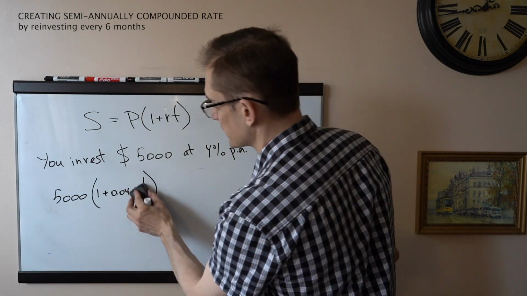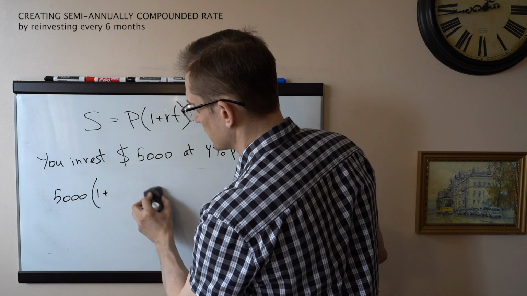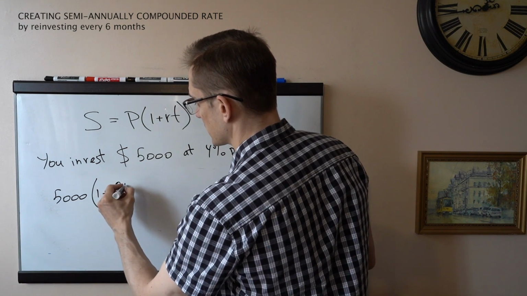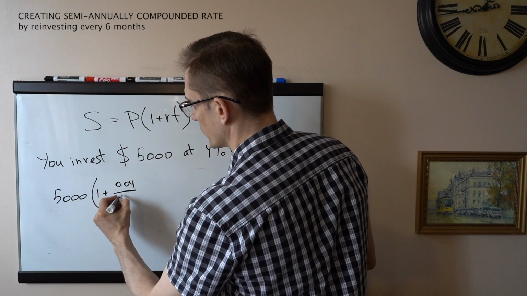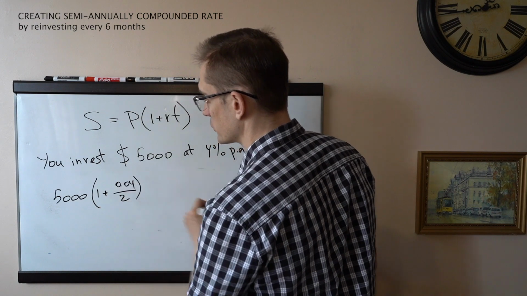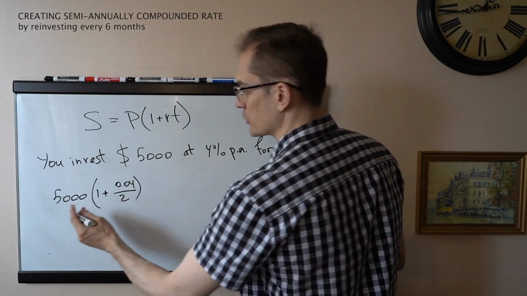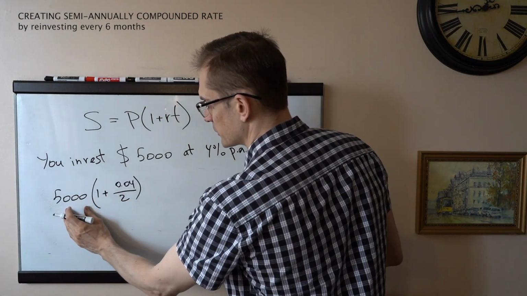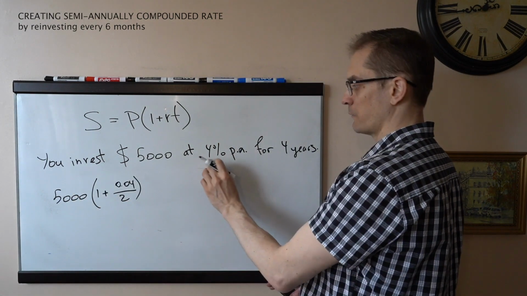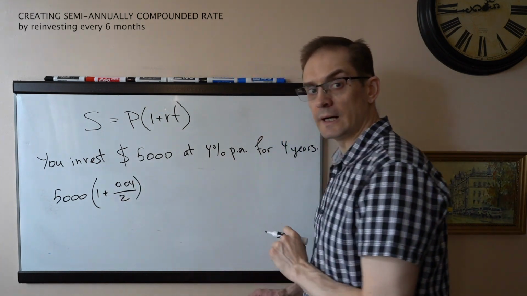But let me just write it a little bit differently, the same thing, but I'll write it like this. Why? Because I want you to get used to some formulas which will be arising later on, right? So this is the same thing. It's $5,000 invested at 4% PA for half year.